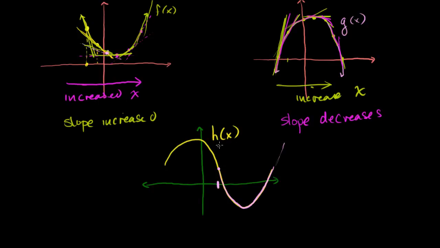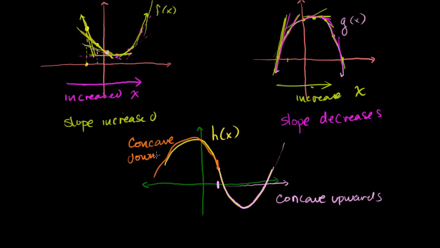So from here onwards, we are concave upwards. And then on the interval before that, from here on, before this point right here, we are concave downwards. You can just recognize that.